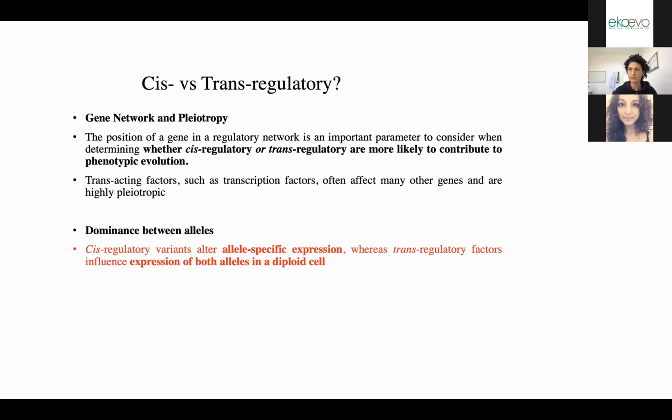That means they can affect both alleles. So when you consider the effect, the trans-regulatory mutation effect is larger than the cis-regulatory mutation. This is one point we need to keep in mind.